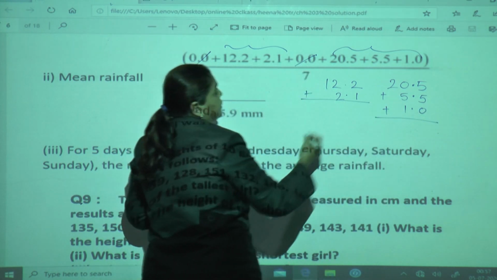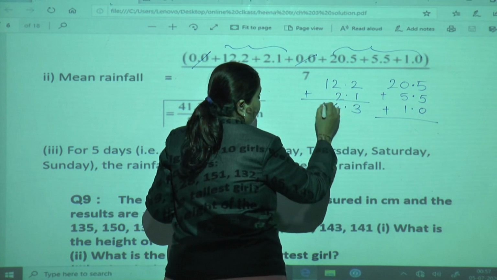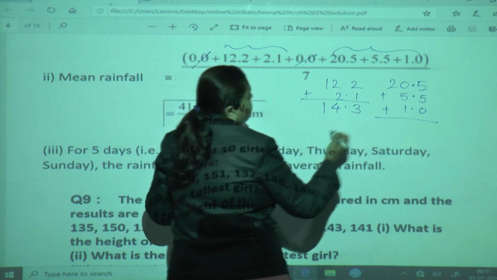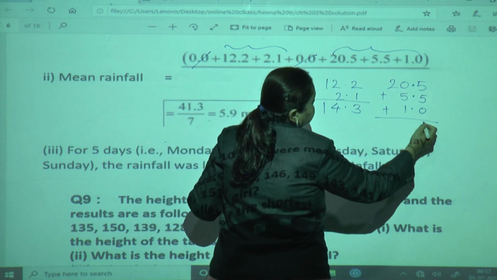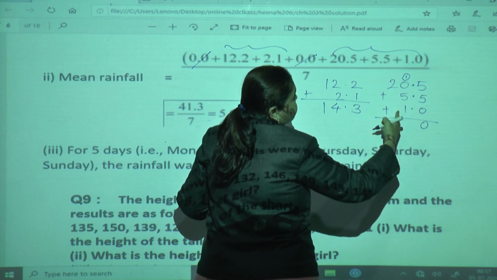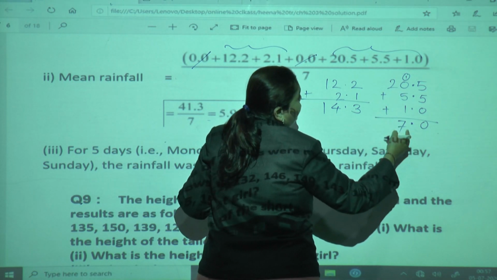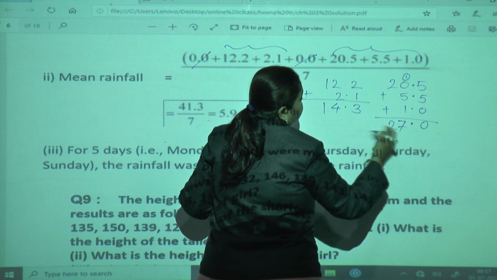What will the addition be? This will be 3.4 and this is 1. Here 5 plus 5 is 10, 1 carry, so 5 plus 1 is 6, and this is 7. Don't forget to write the decimal point, and this is 2.